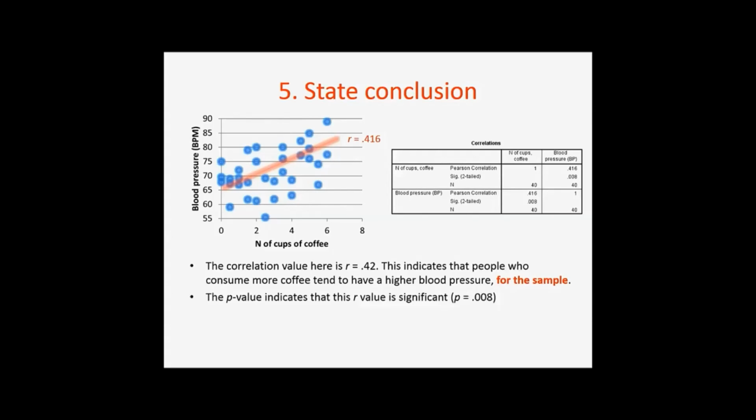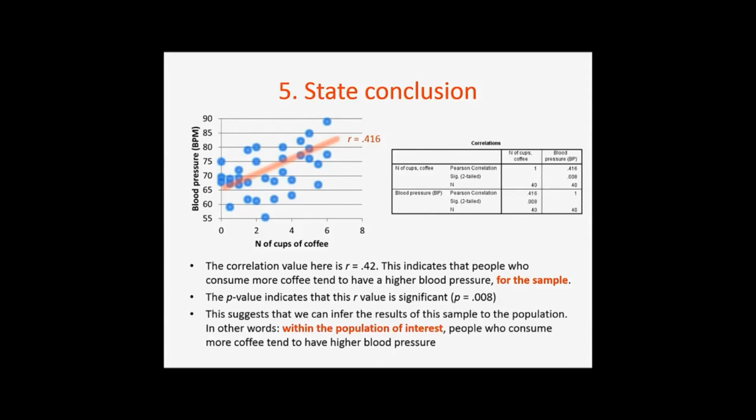The p-value indicates that this R value, this correlation coefficient, is significant. P is 0.008. This suggests that we actually can infer the results of this sample to the population. In other words, within the population of interest, people who consume more coffee tend on average to have a higher blood pressure.